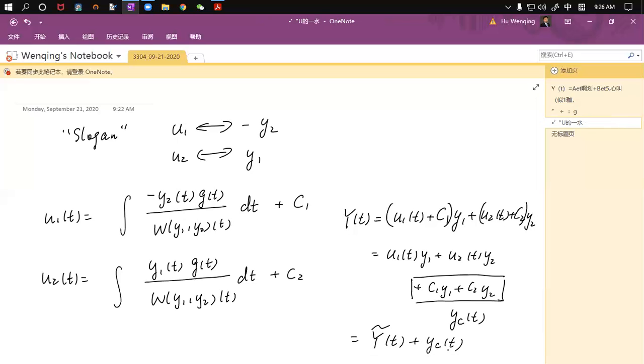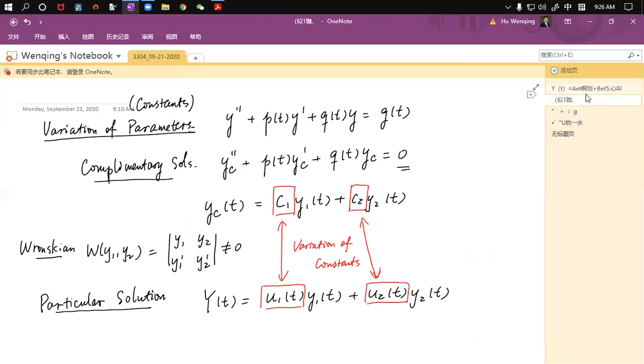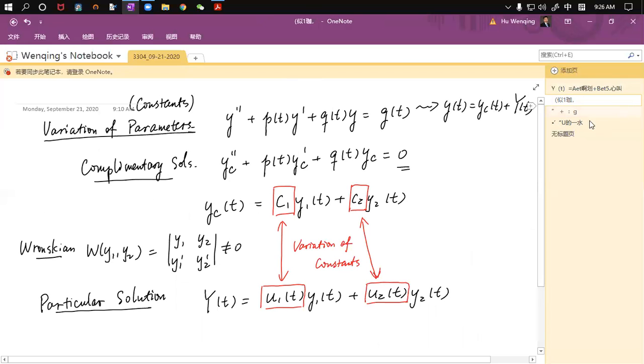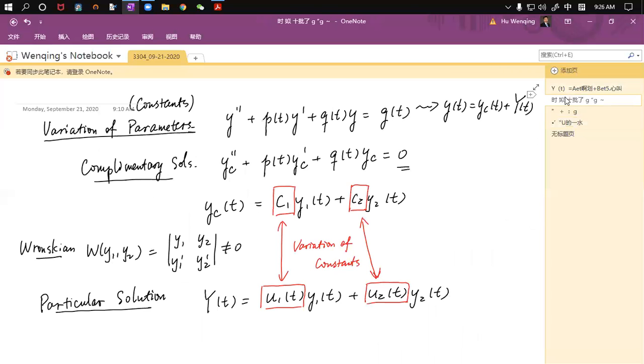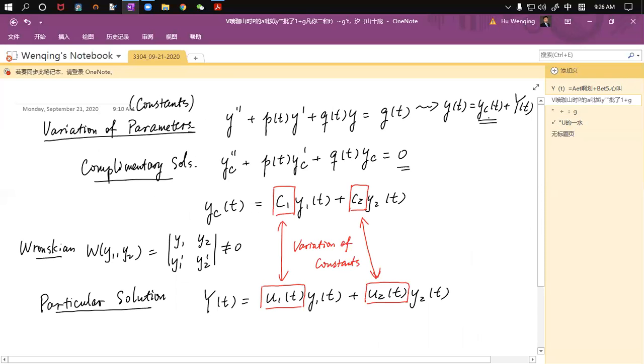And this will not affect your general solution. Remember, the general solution of this problem is built as the complementary solution plus the particular solution. If the particular solution changes by a complementary solution, then that is absorbed into the complementary solution, because the complementary solution is determined only up to those constants.